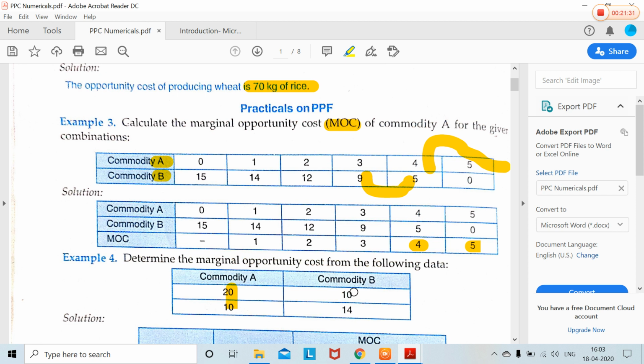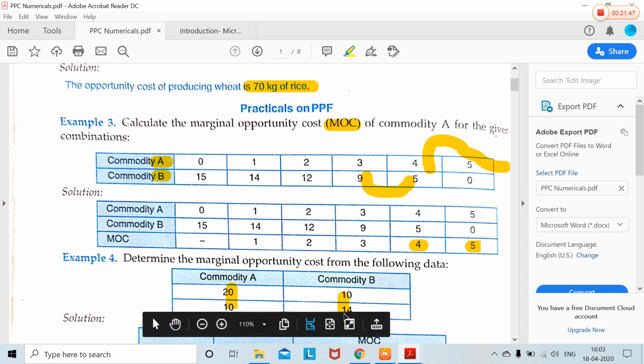So commodity A we are losing, commodity B we are gaining. Now MOC is how many units we have lost for the production of 1 unit. Now here the gain is given for 4 units. Economy is going from 10 to 14, but loss is given as 10 units. So MOC is not 10 actually here. We have lost 10.